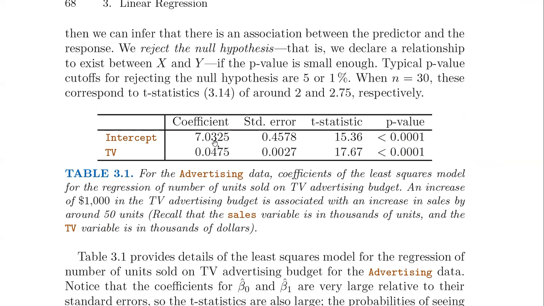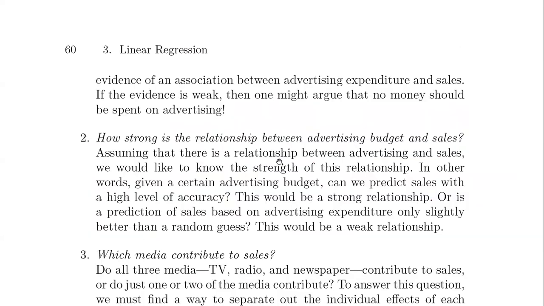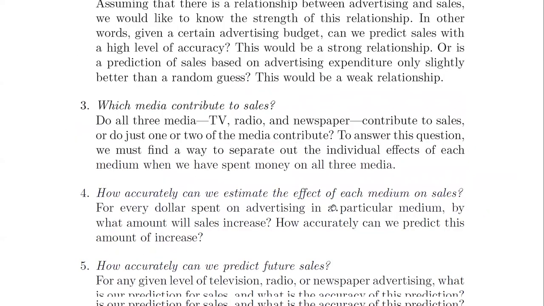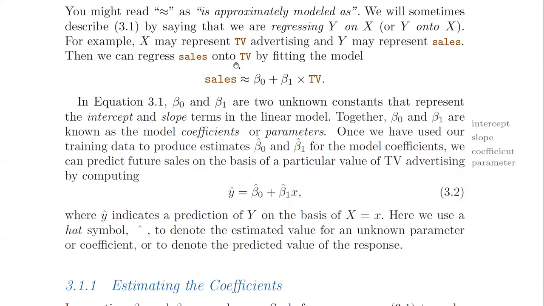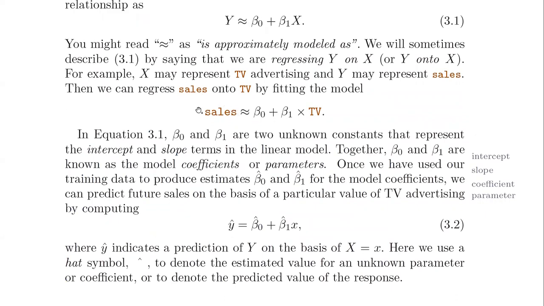We're estimating, so we have intercept and TV. Okay, so this was, had we typed it out somewhere? Yeah, it's this, right? It was, can we regress sales onto the TV budget?